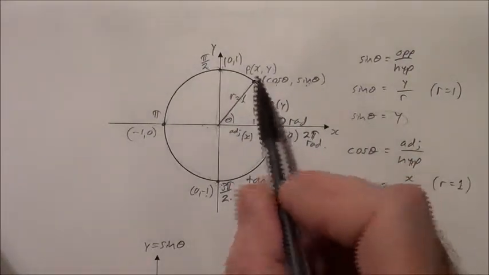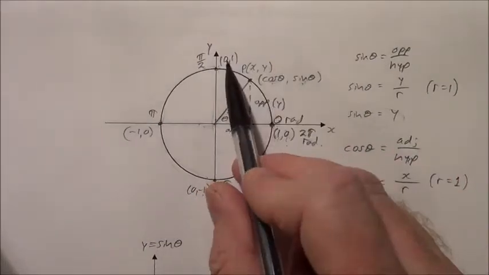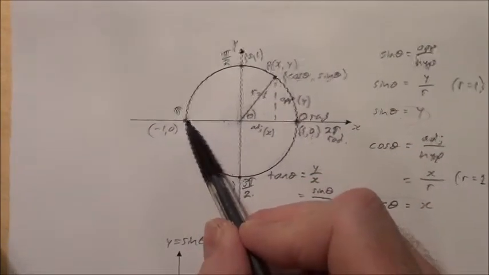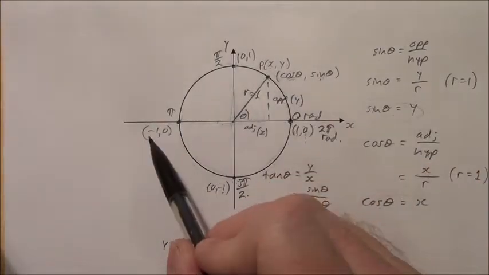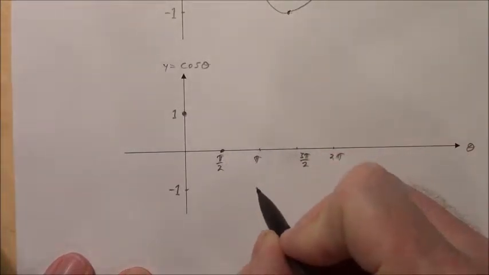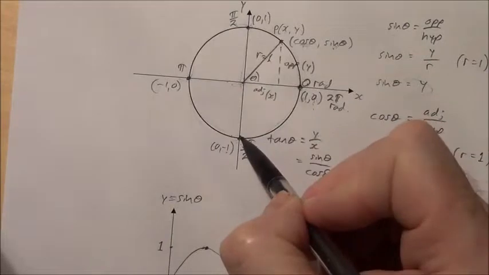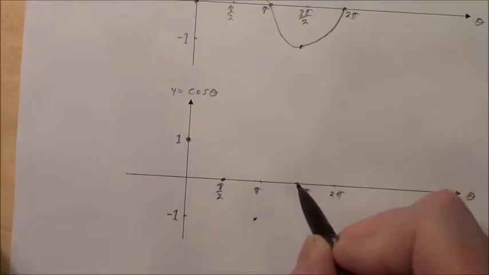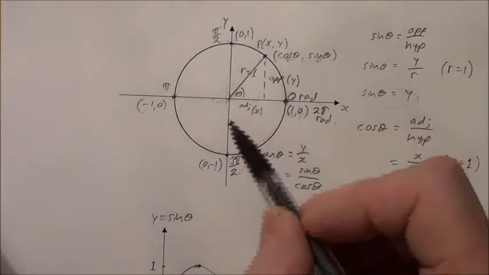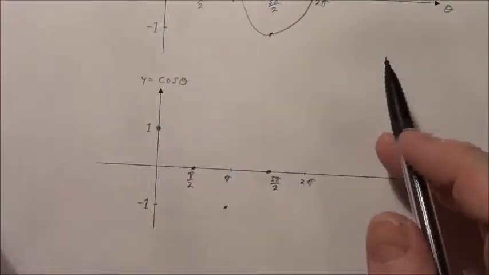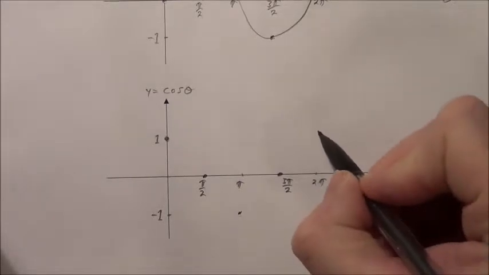If we rotate this point up to pi by 2, cosine is then 0. As we rotate around to pi, or 180 degrees, cosine is now at -1. We rotate around to 3 pi by 2, cosine is back up at 0 again. And then when we continue that circle at 2 pi radians, cosine is back up to 1.